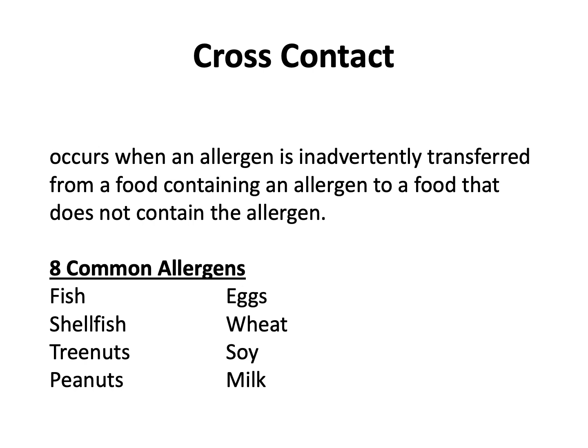Well, cross-contact occurs when an allergen is inadvertently transferred from a food containing an allergen to a food that does not contain the allergen. Here's the 8 common allergens again: fish, shellfish, tree nuts, peanuts, eggs, wheat, soy, and milk.